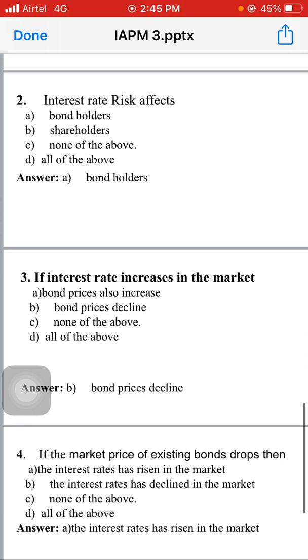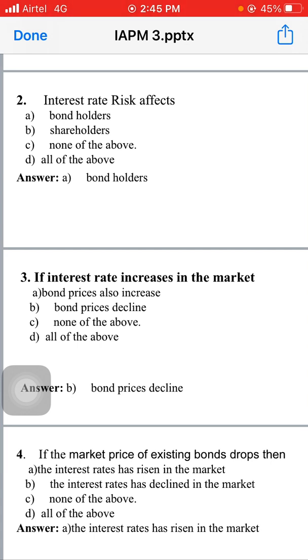The last question of this session: if the market price of the existing bonds drops, then the interest rate has risen in the market, the interest rate has declined in the market, none of the above, all of the above. We have clearly understood the concept.